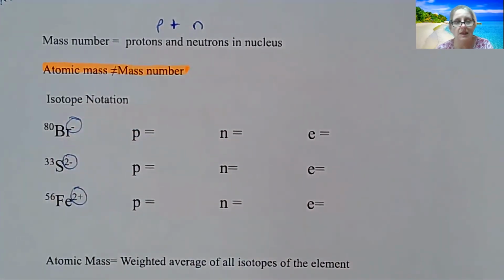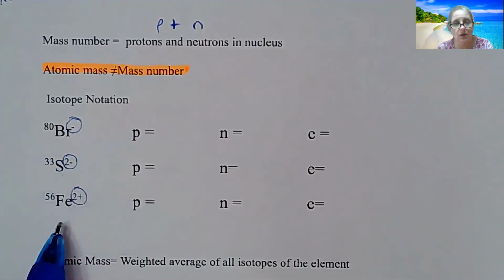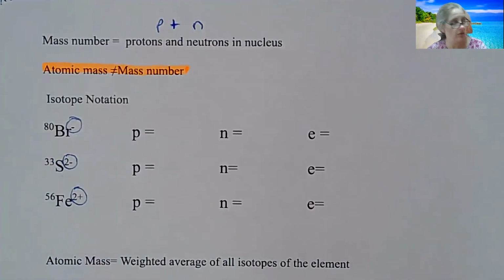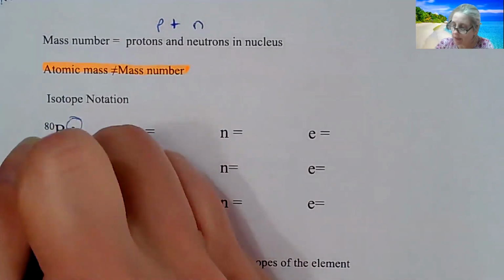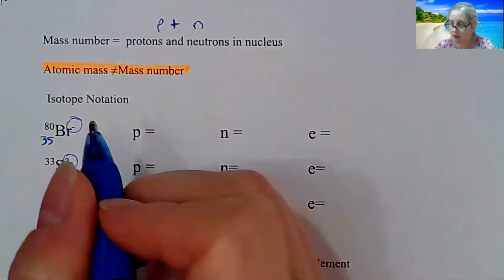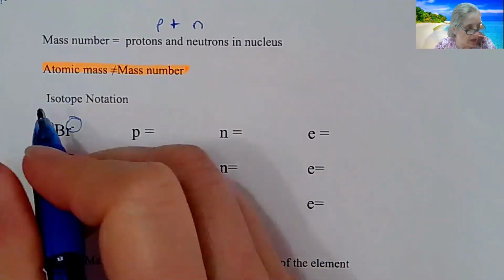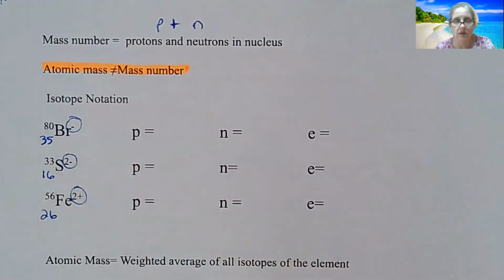So you can see that bromine has a -1, sulfur is a -2, and Fe has a +2. If it helps you out, you could write the atomic number underneath. The bromine, if you look it up on the periodic table, is 35, sulfur is 16, and iron Fe is 26. So you could always write that in when you were doing these types of problems. So again, take a moment, see if you could take a guess, and then take a look at the video.